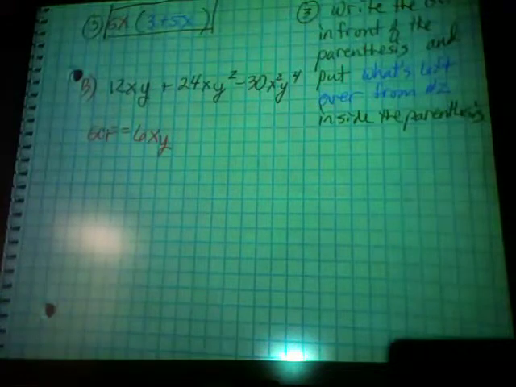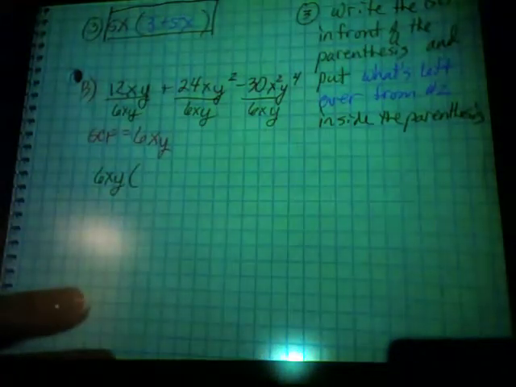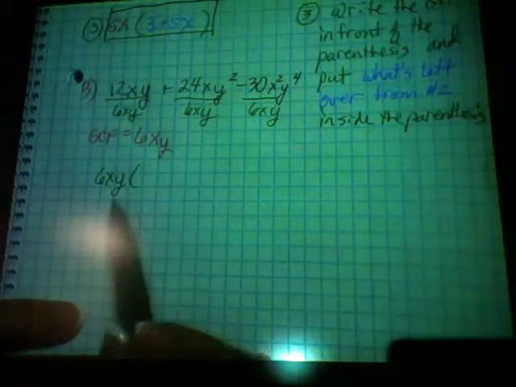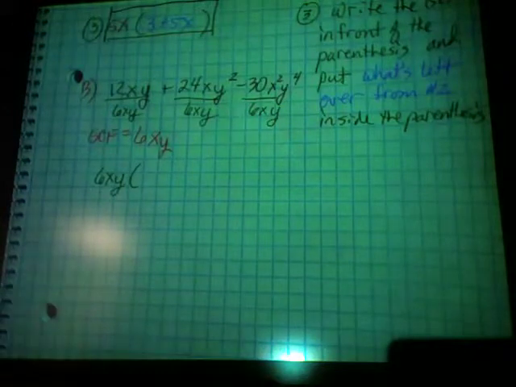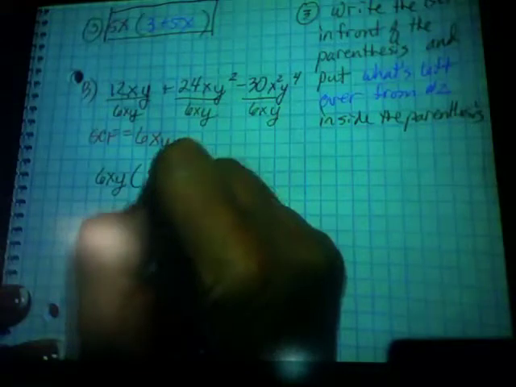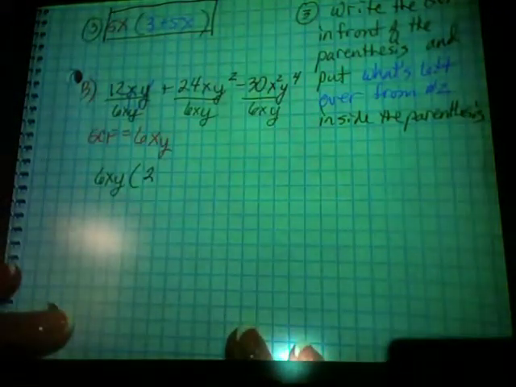So then step 2 says to divide that out. So I'm going to go ahead and divide each one of these by 6xy, 6xy, and 6xy, but I'm going to remember to put that 6xy out in front of my parentheses. If you don't immediately do this, it's highly likely you're going to forget. So then go ahead and do your division. 12 divided by 6 is 2, and then don't both the x's and the y's cancel out on the first term.